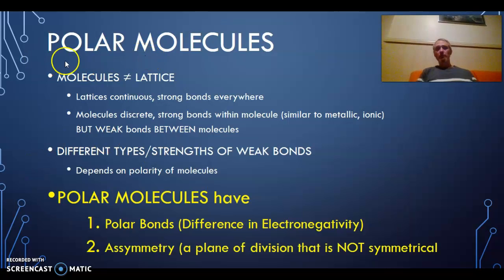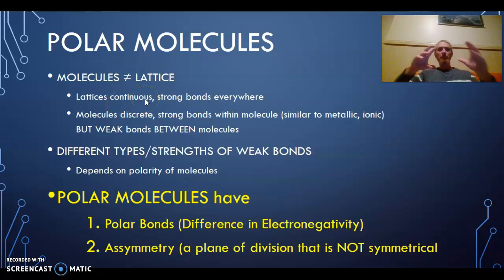Next, and this is more important, we have to work out whether a molecule is polar. It's important to notice that we're talking about molecules and not lattices, like when we were talking about metals and ionic compounds. Lattices are continuous, so there are strong bonds in all directions.